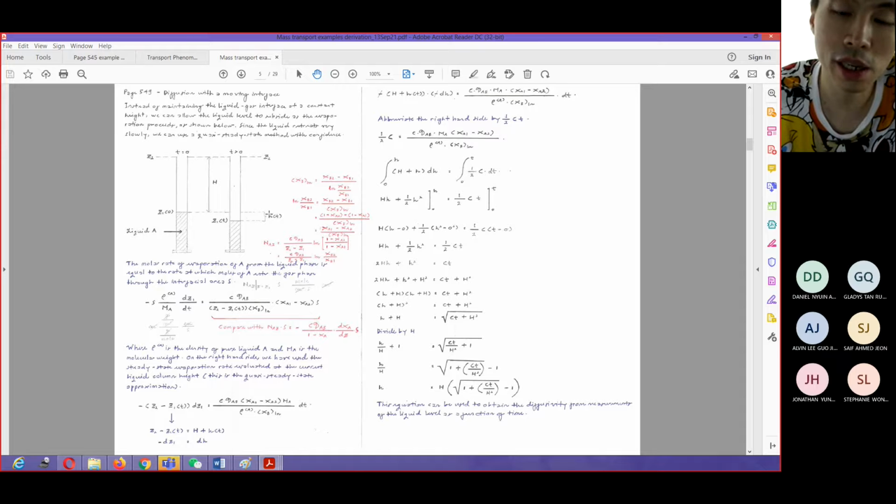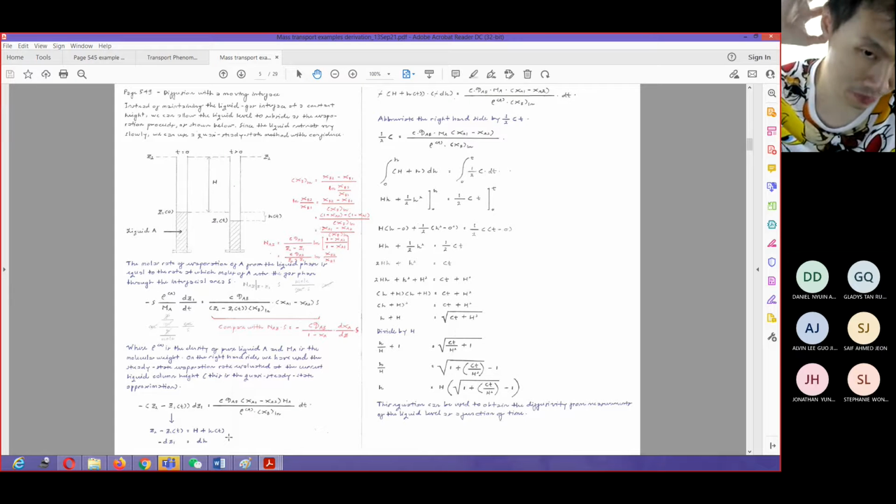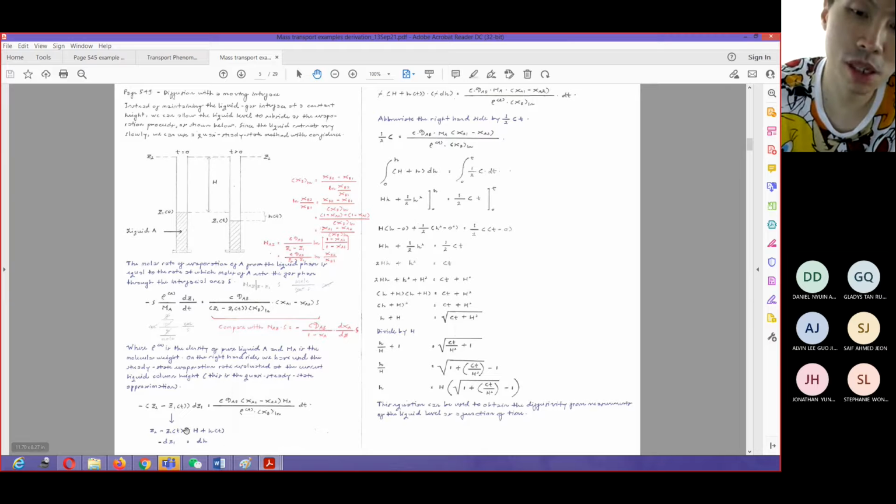But your small h will change with time. So you can express Z2 minus Z1 as H plus h(t). The reason I put the bracket of t in here is to make it clear which variable depends on time.